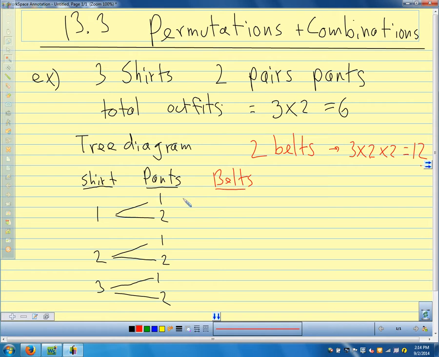For each outfit, I have belt number 1 and belt number 2, same thing for each of the others. And if I count all these up, 1, 2, 3, 4, 5, 6, 7, 8, 9, 10, 11, 12, I end up with 12 possible outfits. And this is our tree diagram, so that we have the tree and the branches.